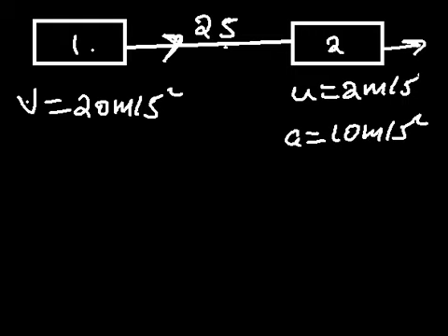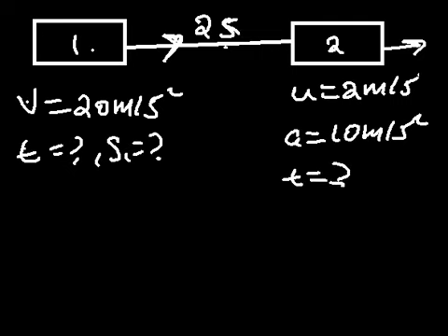So now, what is the time it takes for object 1 to overtake object 2, and the distance traveled? I don't know the time taken, and I don't know the distance covered by object 1, and for object 2 we don't know the time taken, and we don't know the distance traveled, S2.